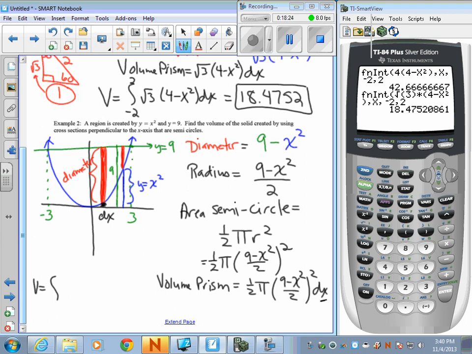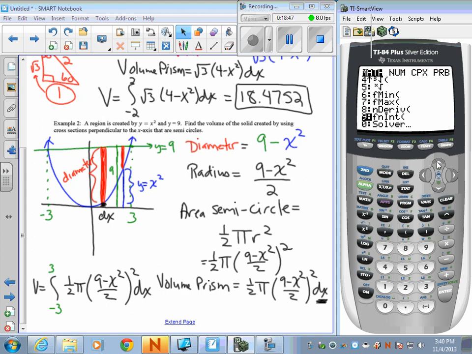So I come on over and I look at my width, and my width is a dx, so I'm looking at x's, so I need those green, -3 to 3 of 1/2 pi times (9 minus x squared over 2) squared dx. And at this point, I can pick up my calculator.